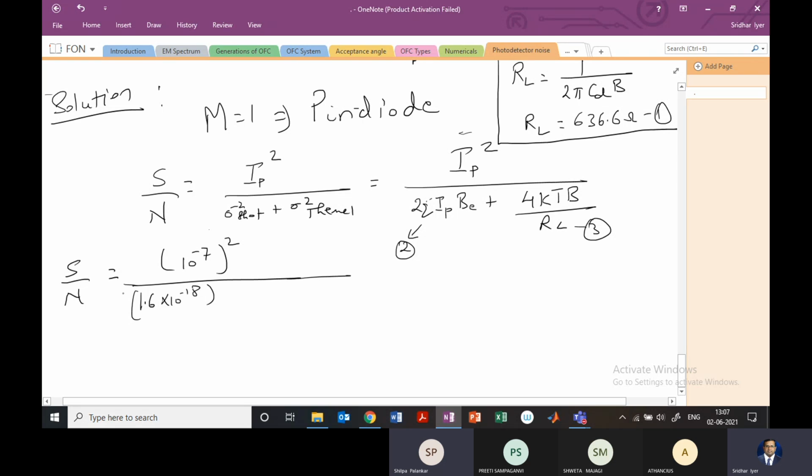So IP is 10 raised to minus 7, no sir? Let me check. Yeah. So you'll have 2 into 1.6 into 10 raised to negative 19 into 50 into 10 raised to 6 into 10 raised to minus 7. Yes sir, I got 4.8 into 10 raised to minus 11.